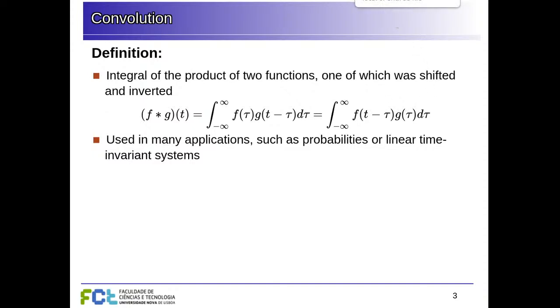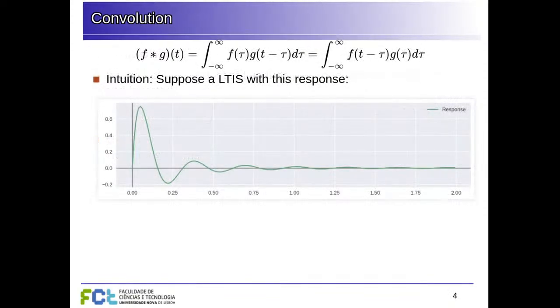Now, this is very hard to understand in the abstract, but one intuitive application that is easy to understand is in linear time invariant systems. A linear time invariant system is a system that responds linearly to some perturbation.